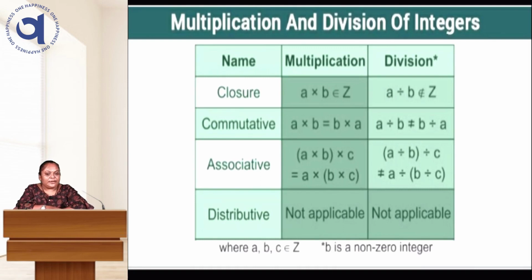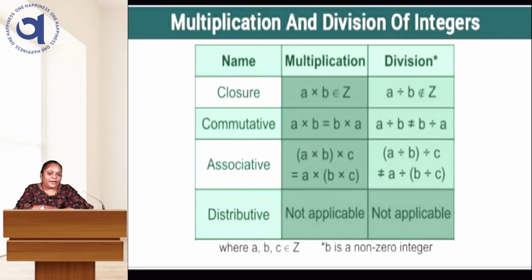That means a multiplied by b multiplied by c, grouped either way, gives the same answer. This means multiplication holds this property, but division does not. A divided by b divided by c does not equal a divided by b divided by c grouped differently.